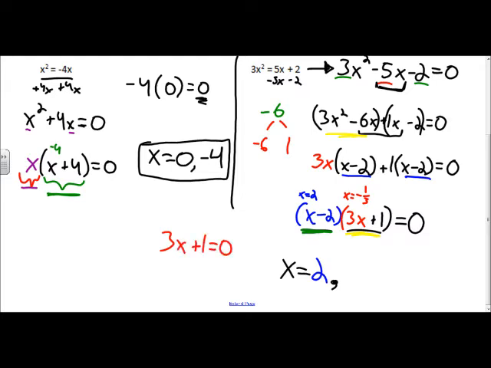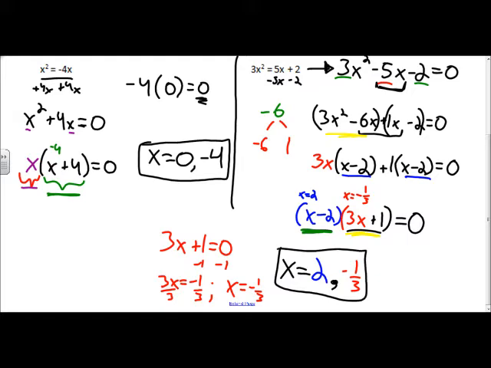That's what we're looking for. Subtract 1 from each side, we have 3x equals negative 1. Divide by 3, and we're left with x equals negative 1/3. So in one case, x equals 2 as one solution, and the other solution is where x equals negative 1/3.